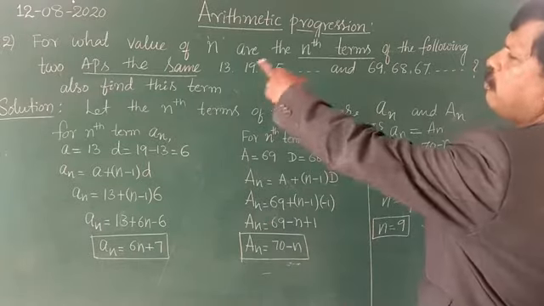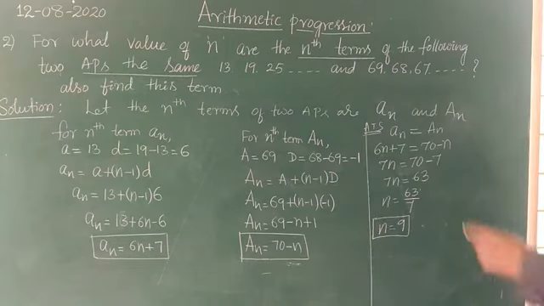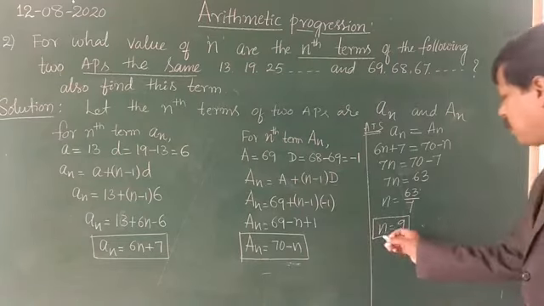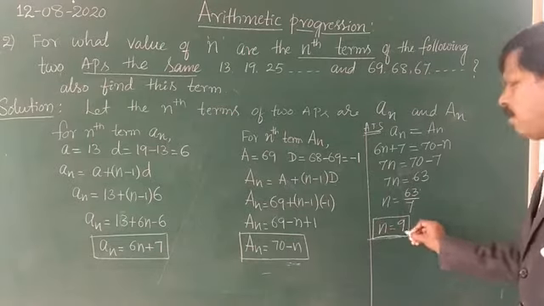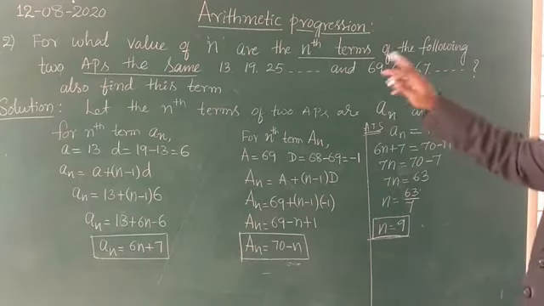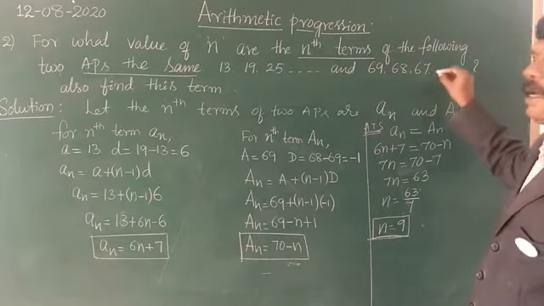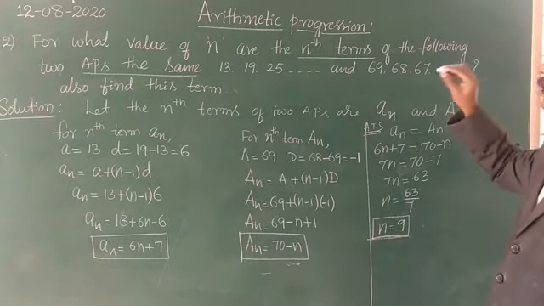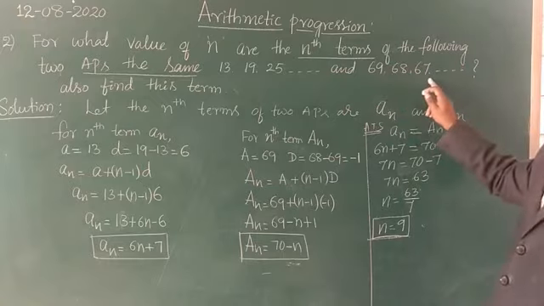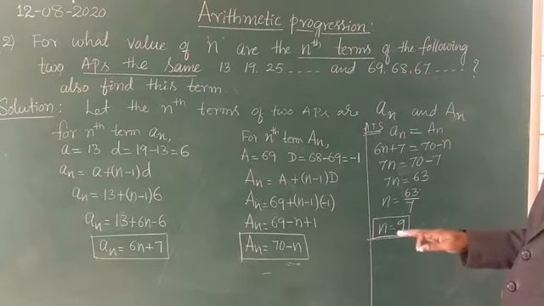So for what value of n are the nth terms of the following APs same? So the n value is 9. For this value, the nth terms of the two given APs are same.